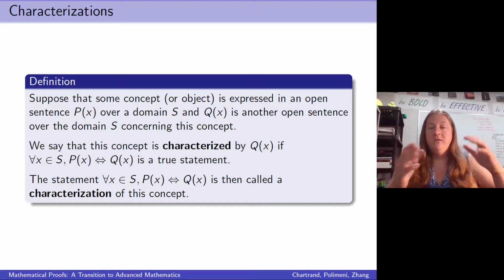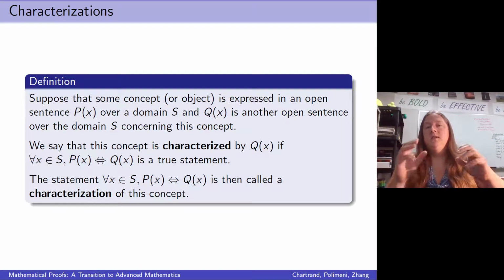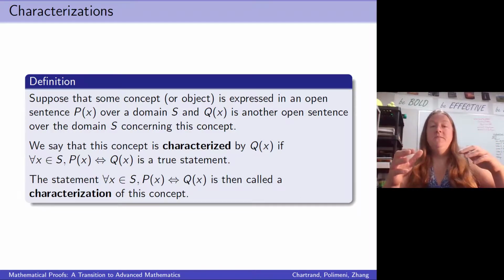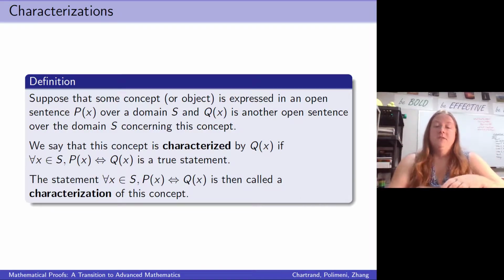Our definitions usually are in the form of open sentences, and there's some other open sentence that we can use to describe the object as well, such that the biconditional between the two open sentences over some domain, that's the same domain for each, is a true statement. Then the statement that's not the definition is called a characterization of the concept.